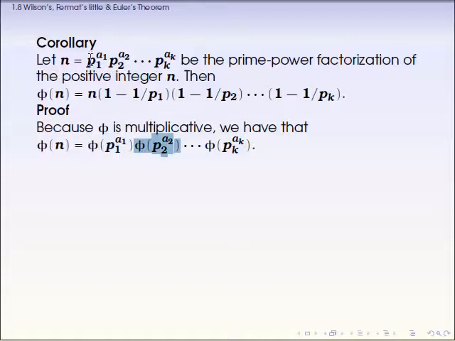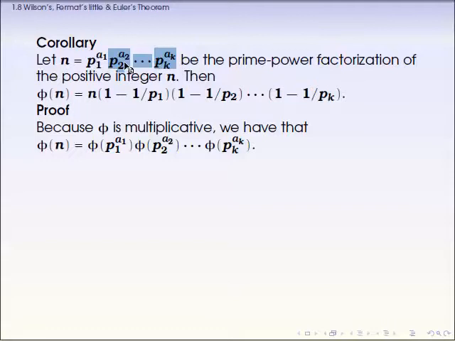So just to compare, this number p1 to the a1 and the remaining part of it, those two numbers are relatively prime, because p1 to the a1 is just powers of p1 and the remaining part is powers of p2, p3 or pk, and p1 through pk are primes because it's the prime factorization form, right?